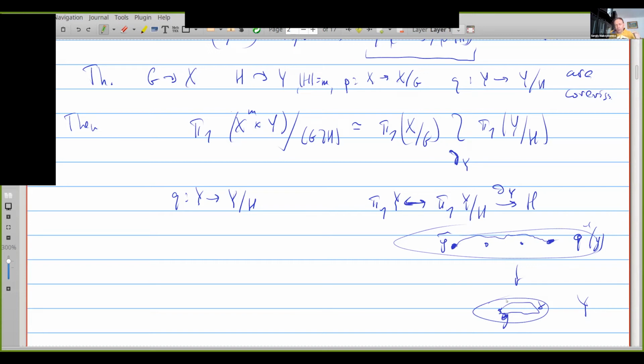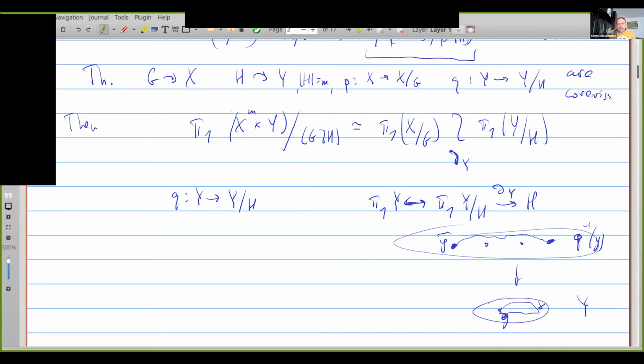Liftings of loops correspond to paths which start at the same point, but finish at distinct points of the inverse image of y.